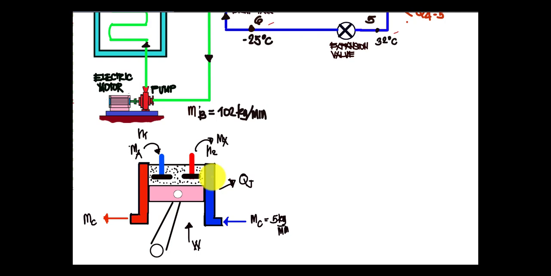There is a certain percentage of heat rejected by the compressor that is released to the environment, the surrounding air on the compressor side.